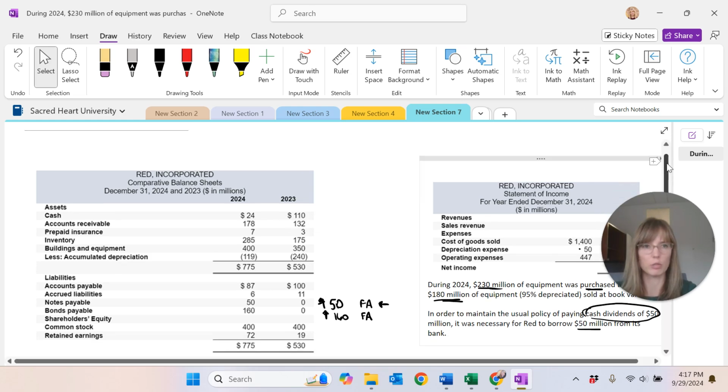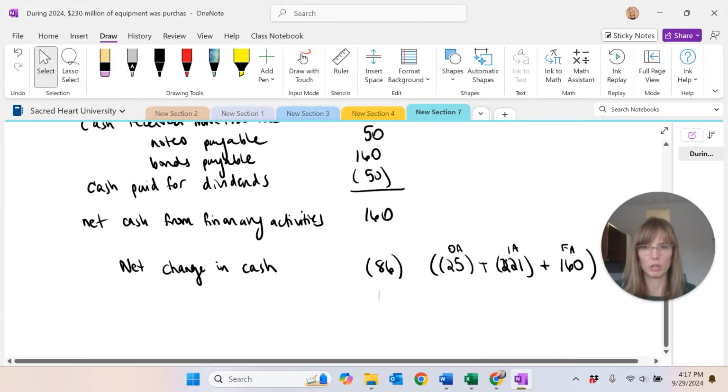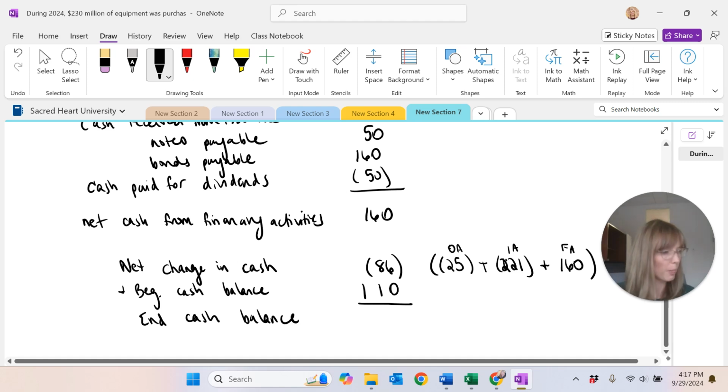So below my net change in cash, I'm going to write the beginning cash balance of 110, and that gives me my ending cash balance of 24, which is exactly what I have on the balance sheet here.